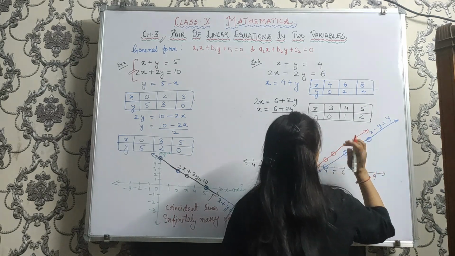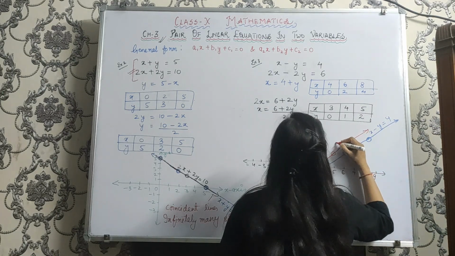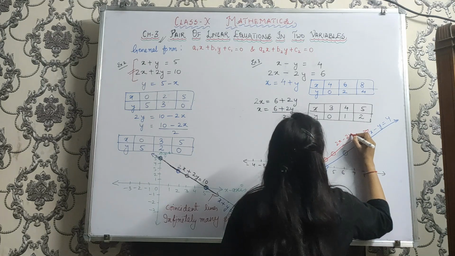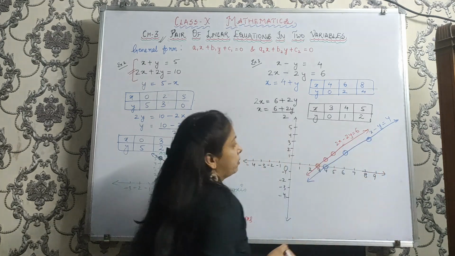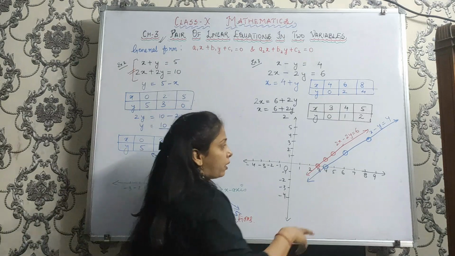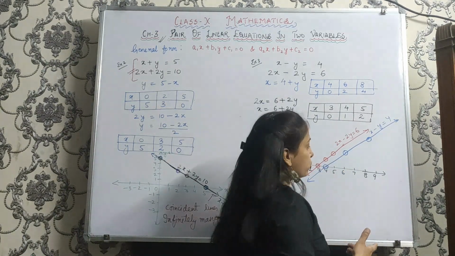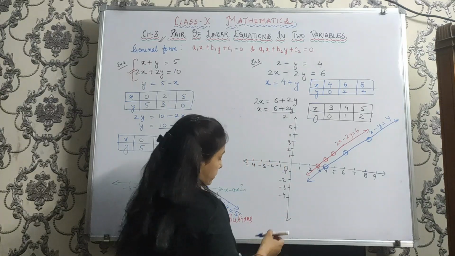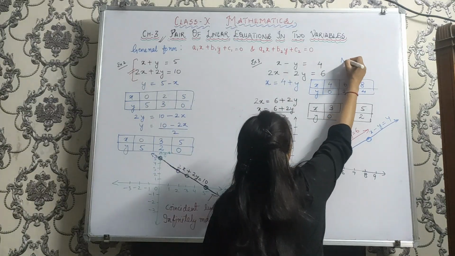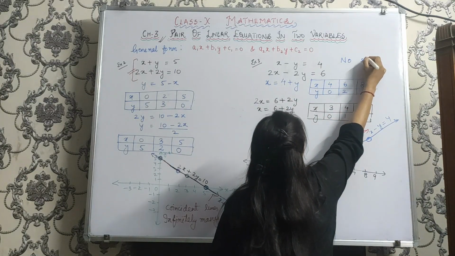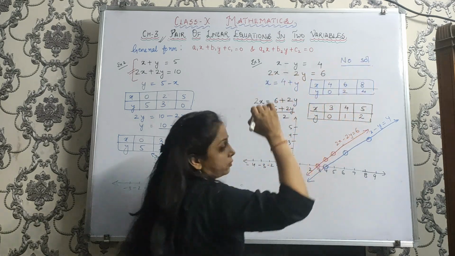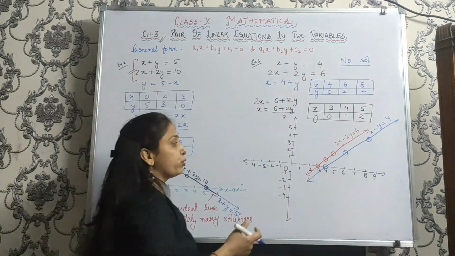So this is the second line, which is 2x minus 2y is equal to 6. So here we are obtaining a pair of parallel lines. And when the lines are parallel, you know there is no common point. So in this case, we have no solution.